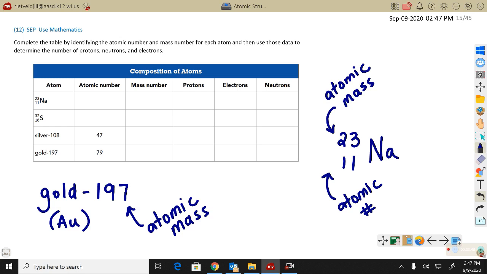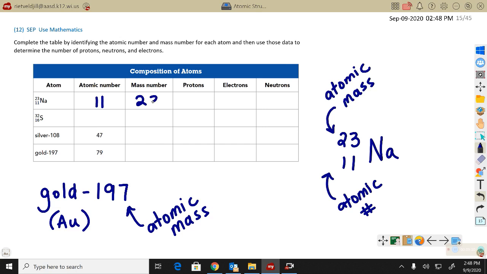That's the larger number. And as long as you have a periodic table handy, or here they're telling us, you can look up the atomic number. It's the smaller number in the box. It's the whole number. So for example, if I see this sodium symbol, the atomic number will be the smallest number. That's going to be the 11. The larger number is the mass.